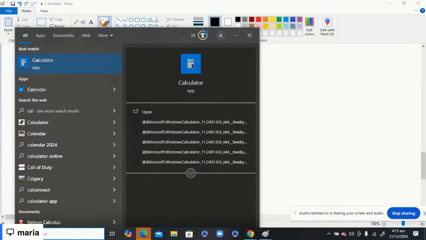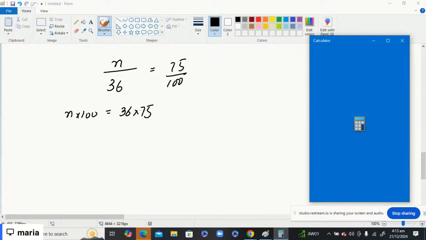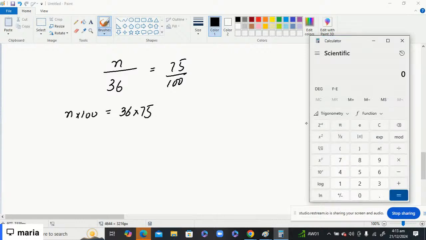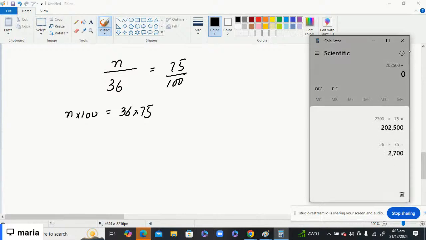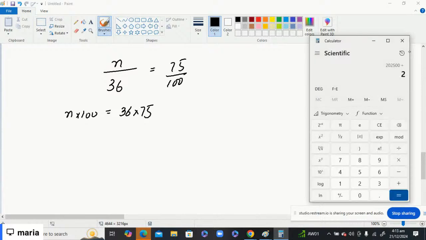Okay, so 36 times 75, this is 2700, and then divided by 100.